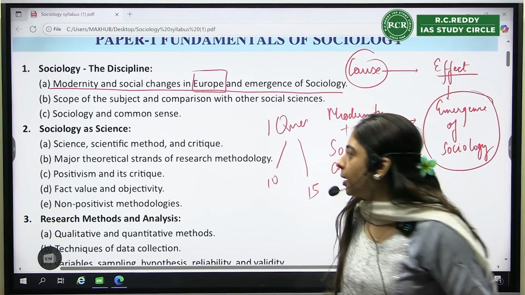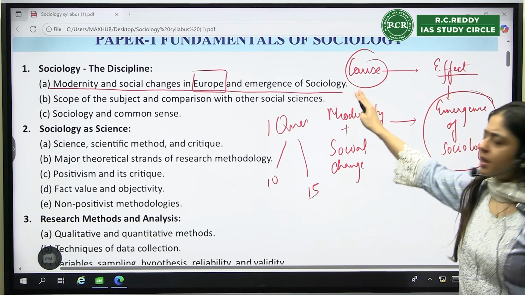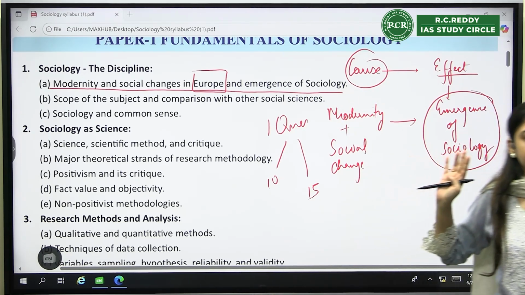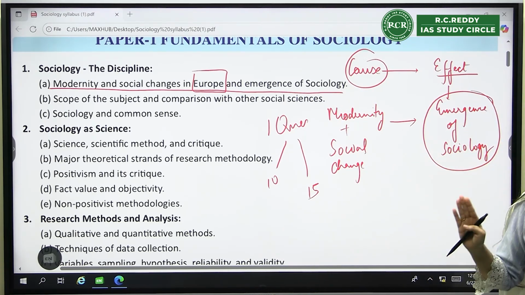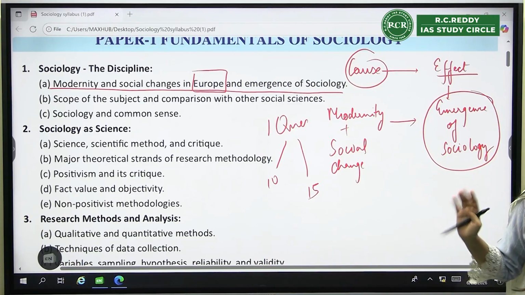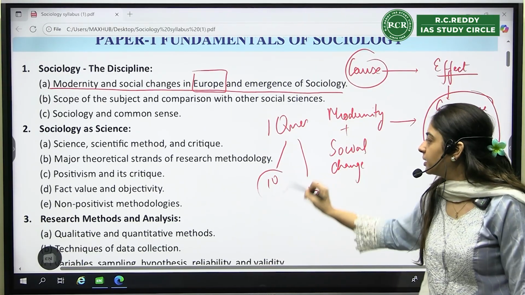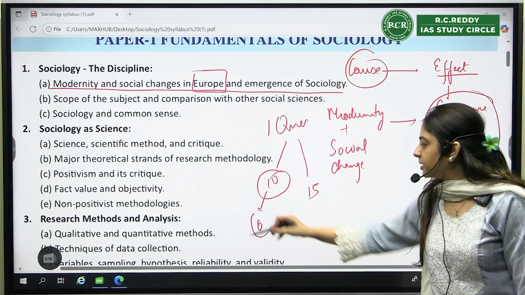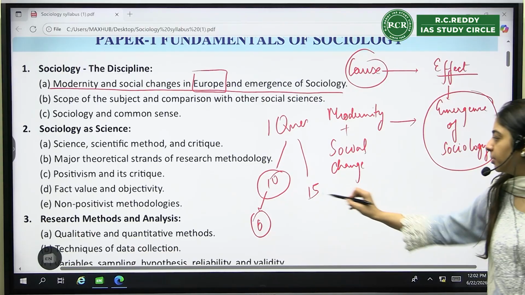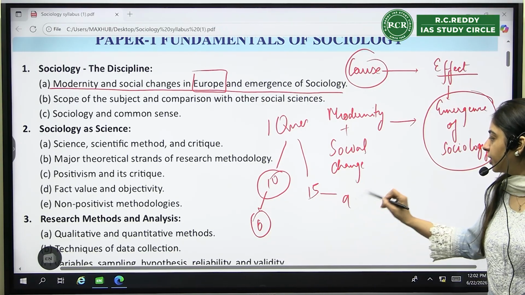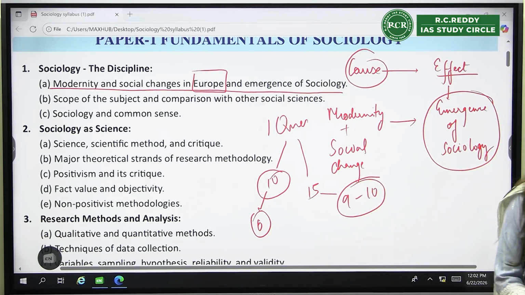Okay, anyhow, so our first part will be this: the easiest part, low hanging fruit. And we will be aiming that if it is a 10 marker, I will get 6 marks, and if it is a 15 marker, in the range of 9 to 10 marks I should be getting.